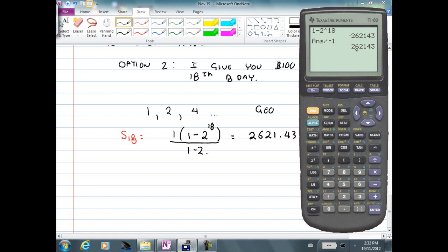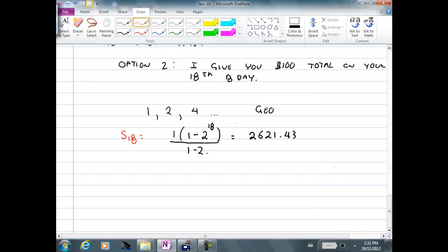That gives me 262143. But that's pennies. I want to make it dollars. So how do you turn this into dollars? Divided by 100. So if I choose option 1, I would have 2,600.